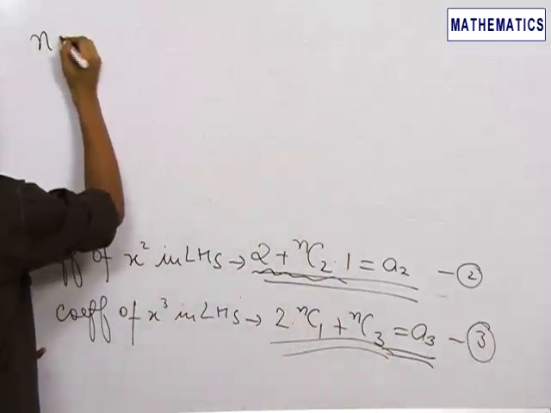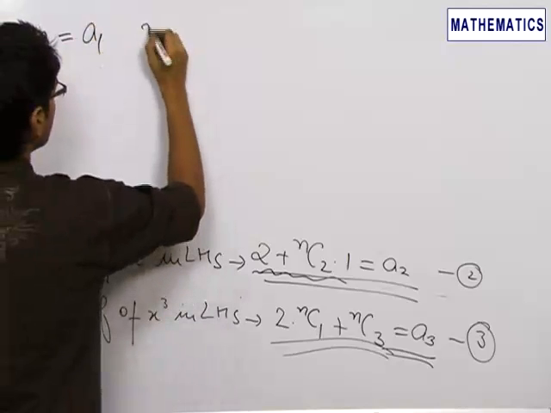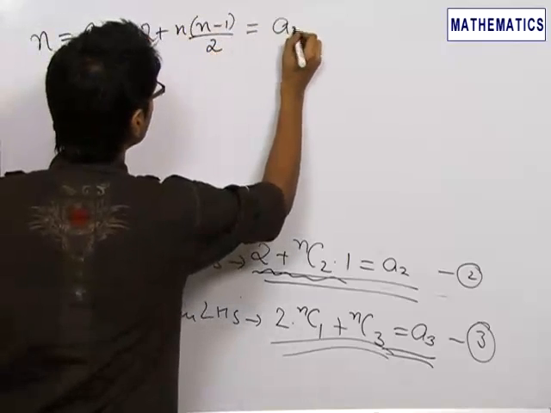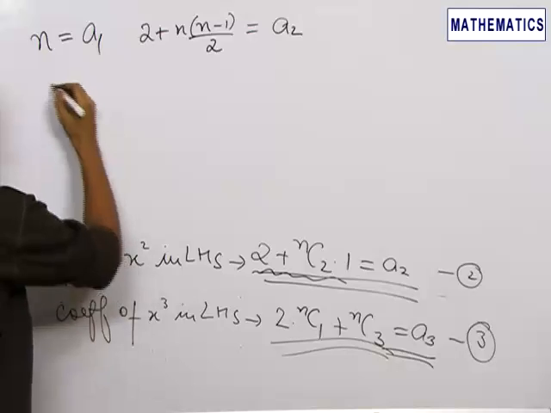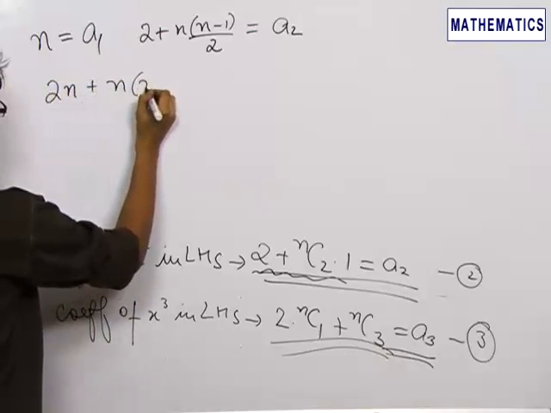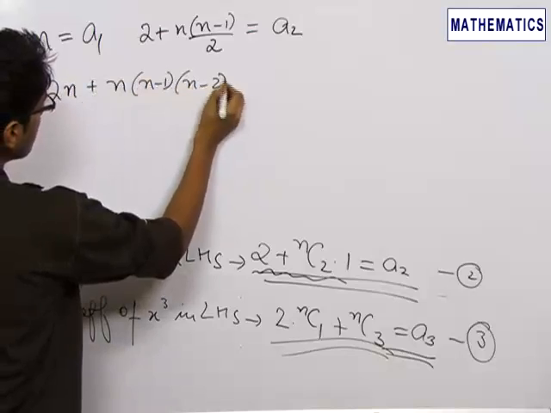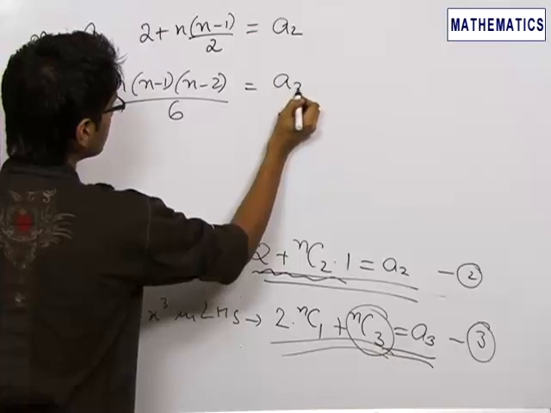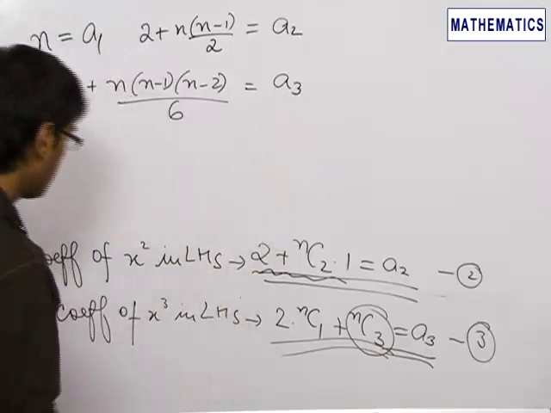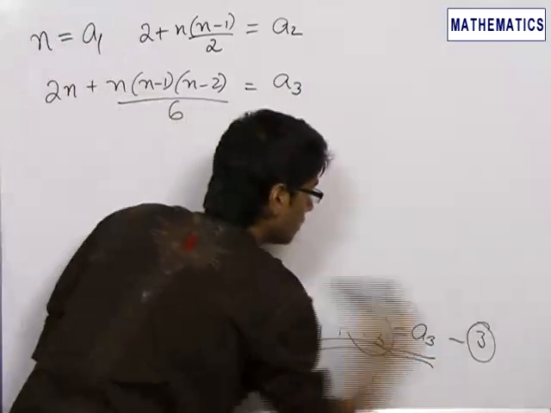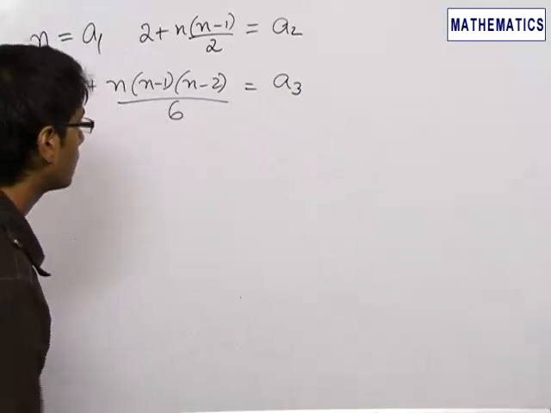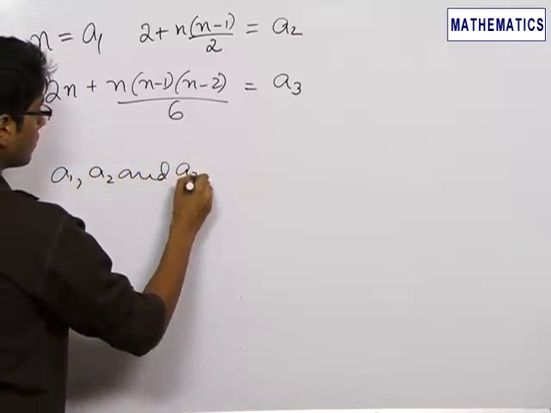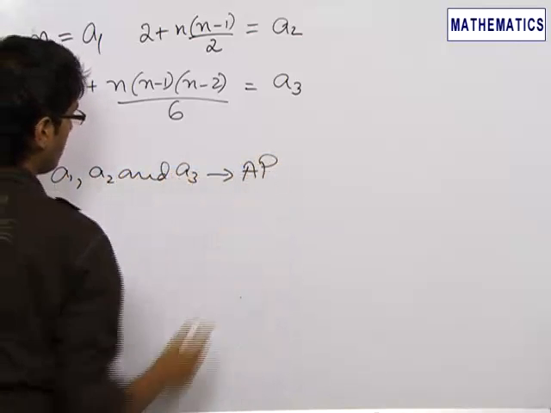So what we have is n equals a1, 2 + n(n−1)/2 is equal to a2, and 2n + n(n−1)(n−2)/6, which is nC3, is equal to a3. Now what we are given is that a1, a2 and a3 are in AP.